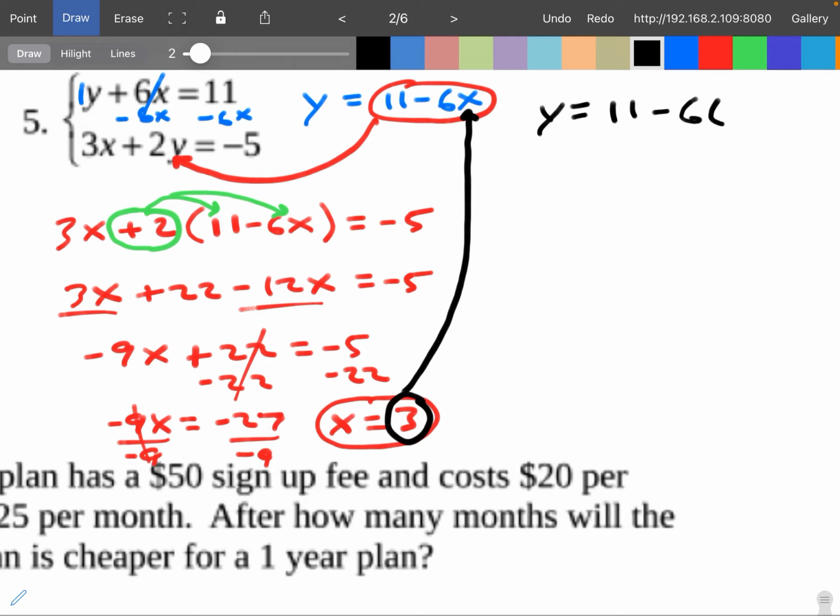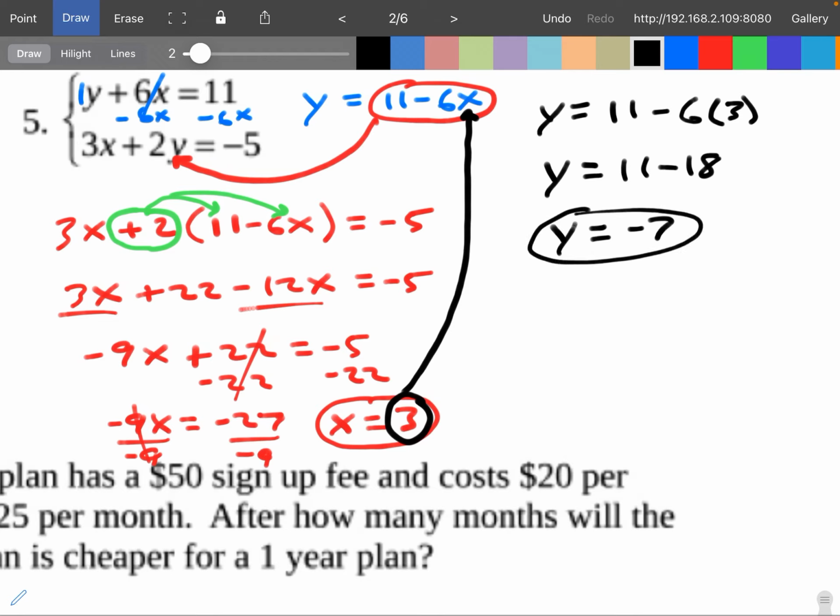So I would actually think the easiest thing to do would be to take that x equals 3 and put it in right there. Because then that equation will just become y equals 11 minus 6 times 3.